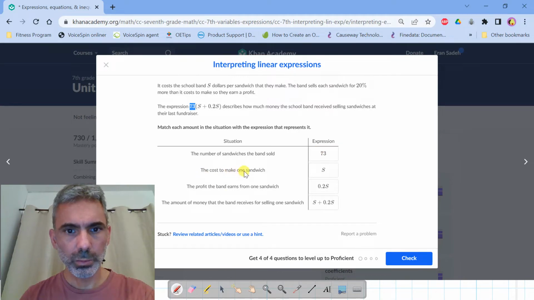Okay, the cost to make one sandwich, that is S, we see it here. It costs the school band $S per sandwich that they make.